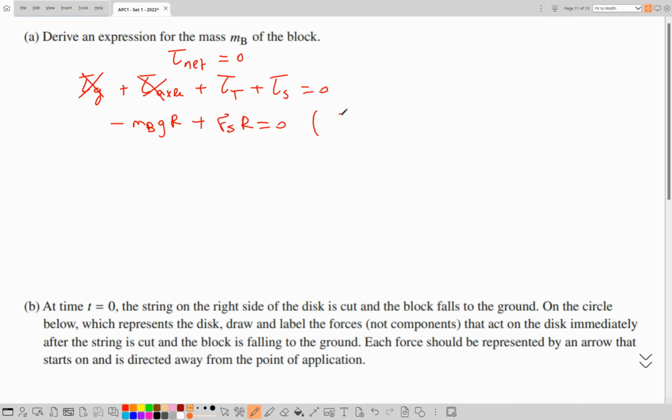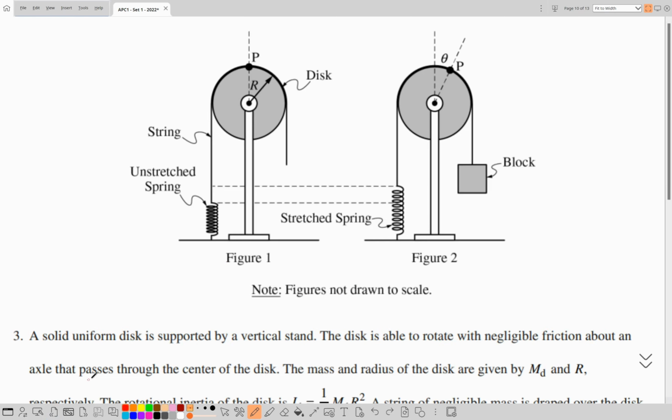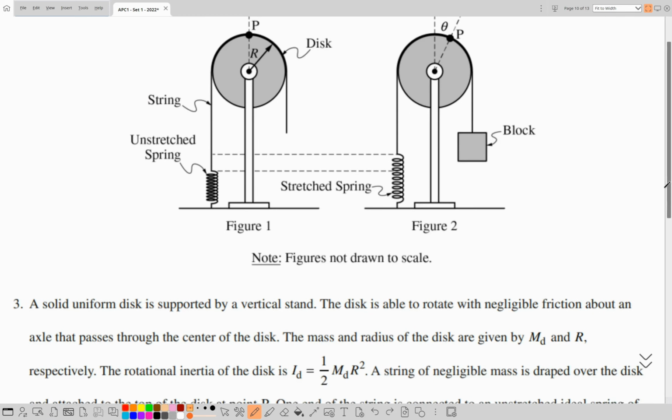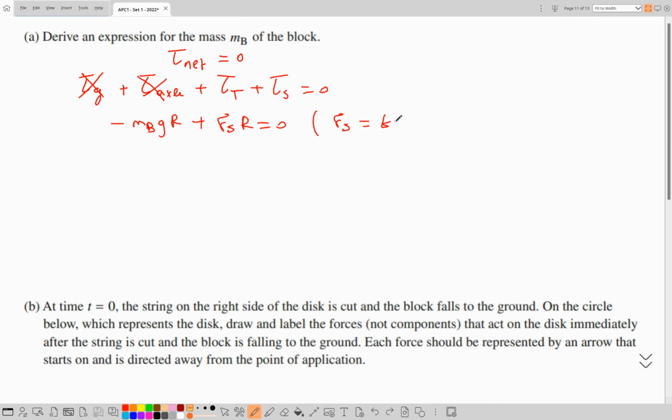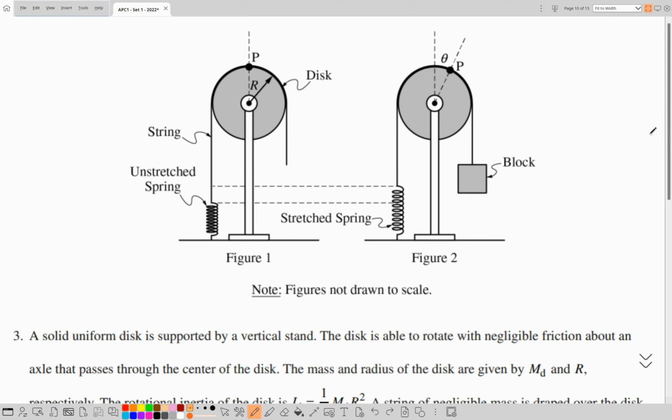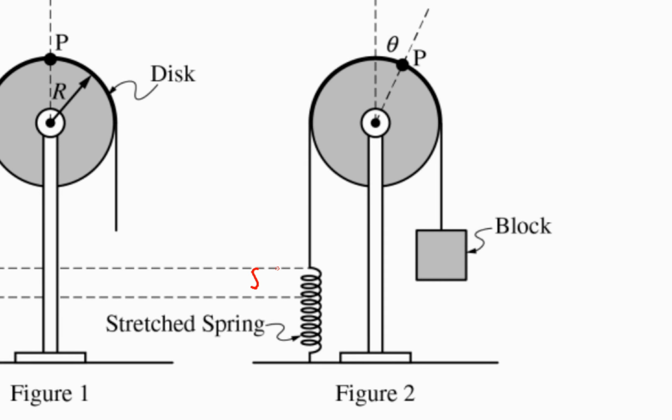And here we can directly say that Fs is equal to k multiplied by the elongation of the spring. The elongation of the spring is not given, so I will name it x. But here we suppose that there is no slipping between the string and the disk. Therefore, if the spring has been elongated by delta x, then the disk will rotate by r theta, because we know that linear displacement is related to r via s equals r theta.